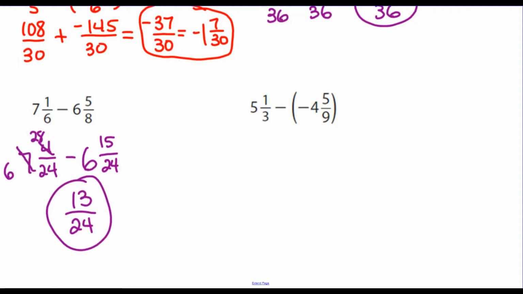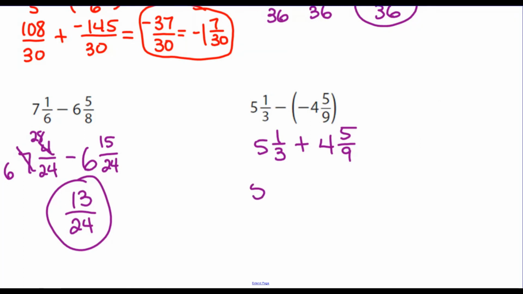Next one, 5 1/3 minus a negative 4 and 5/9. Now I do have a negative mixed number here, but if you recall, subtracting a negative is like adding a positive. So this is like an addition problem. So I'm actually going to think of this as 5 1/3 plus 4 5/9. That way I don't have to convert everything to an improper fraction to do this, and it eliminates the negatives, which makes this a much easier problem to do.